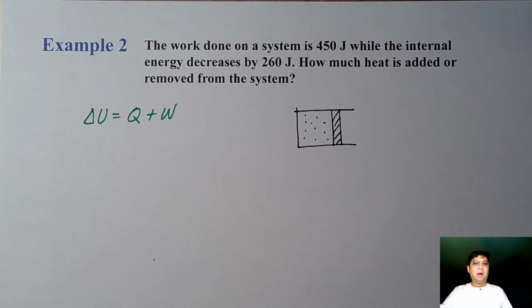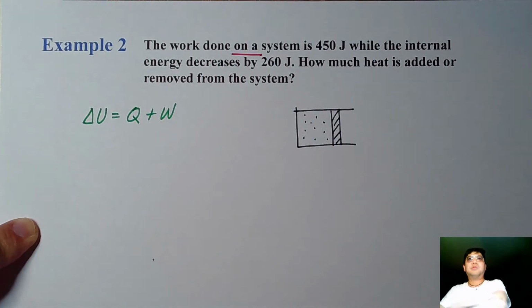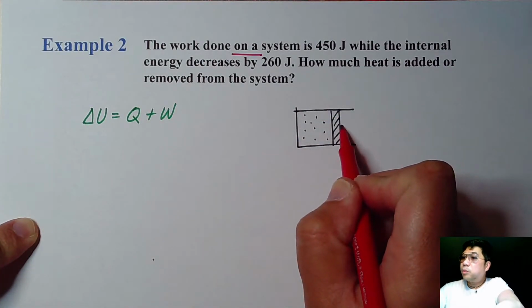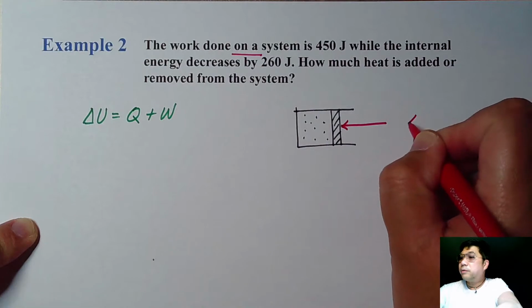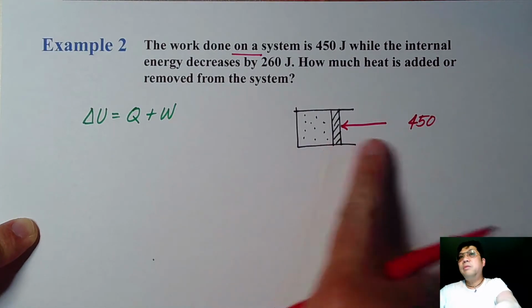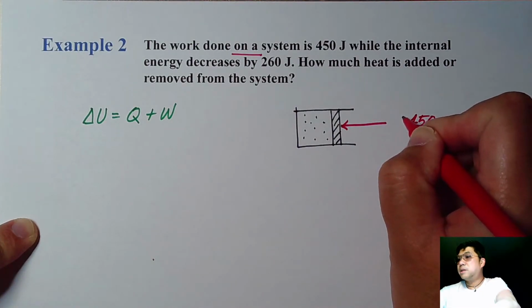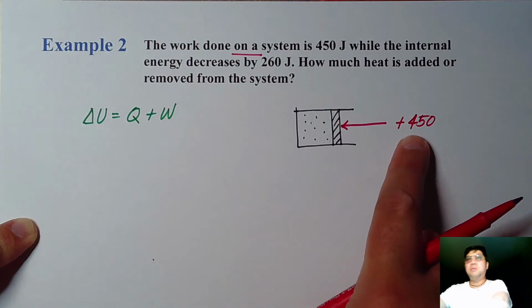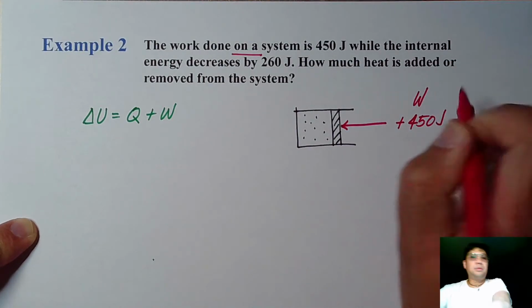According to our problem, work is done on the system, so the work is directed towards the system. In our case, we have 450 joules. Again, it's not negative or positive because it's to the left or right, but whether it's moving away or moving into the system. Since it is moving into the system, the work done is positive 450 joules.